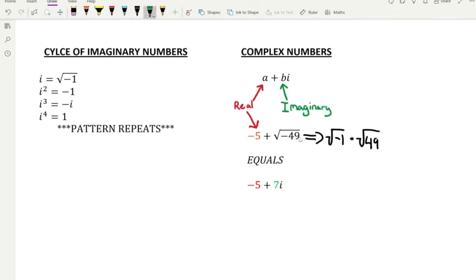Well, you guys already know that the square root of 49 is 7, and i on its own, square root of -1, is just i. So notice how we managed to get 7i from that. And right there, we have a complex number.